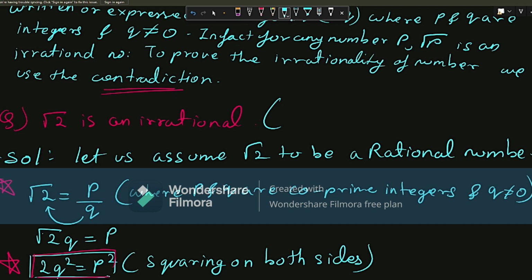Let me tell you, CBSE 2023, it was asked in 2019, 2010, 2009 and 2008 for the 10th standard. So remember that this is a really important question.